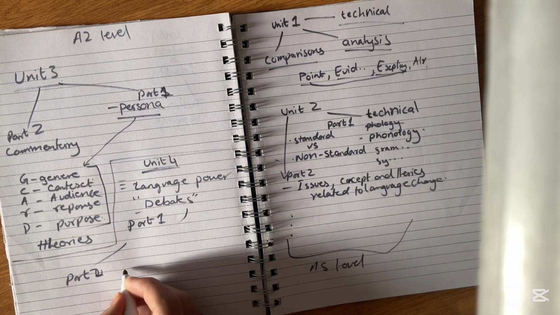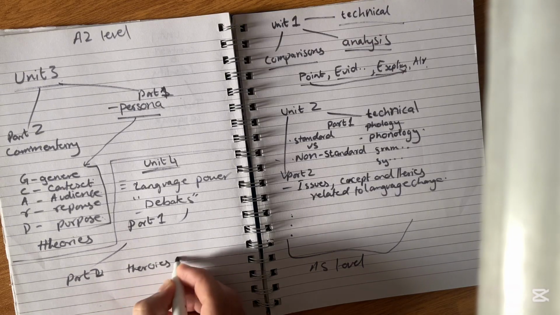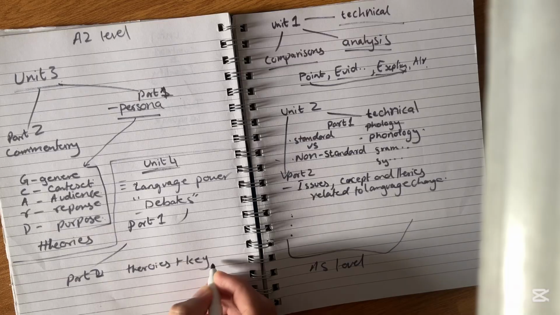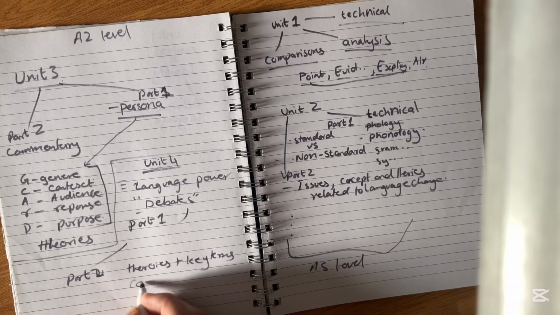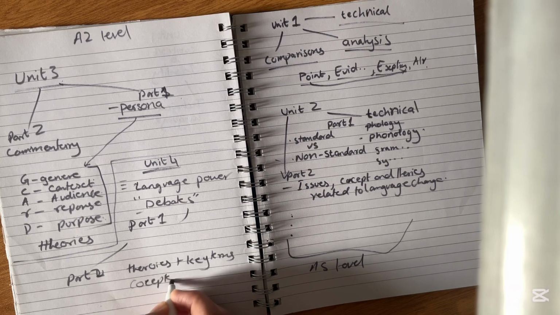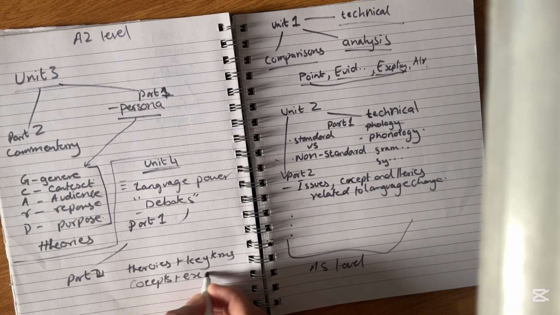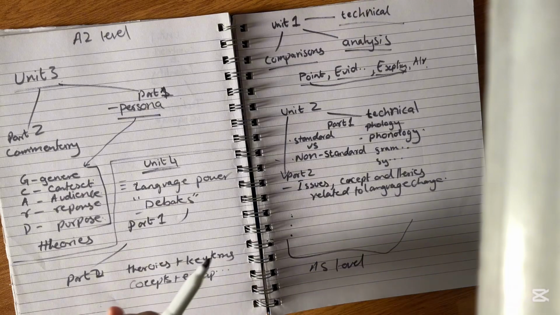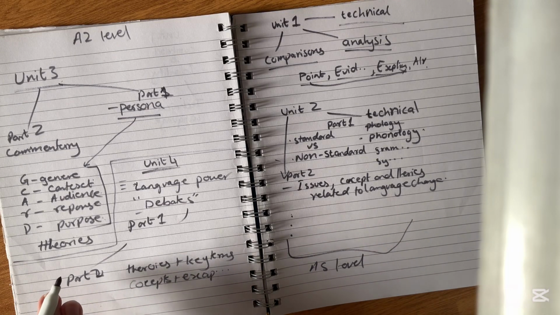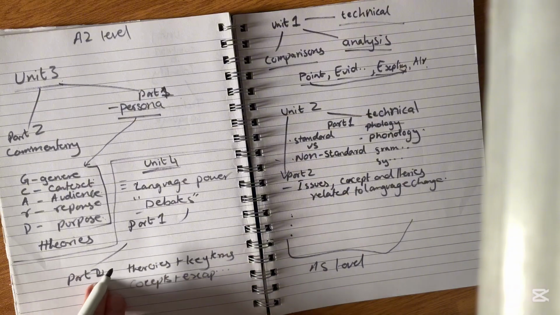So things like theories, key terms, concepts, even examples from real life where particular things might have been used, and you just want to put all of them into your Unit 4 exam.